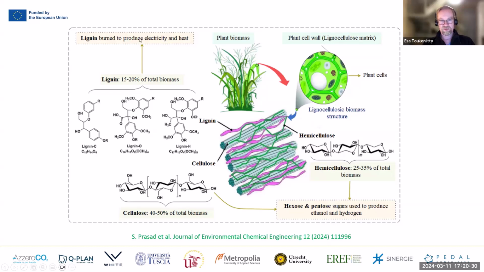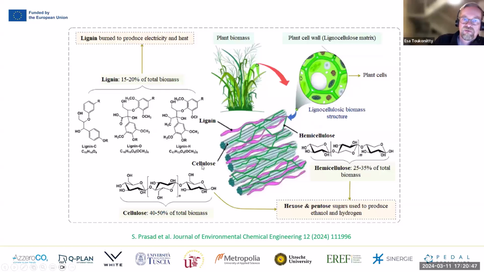So the lines or arrows from the lignin: in the current pulp and paper industry, these components are separated from each other or can be separated.